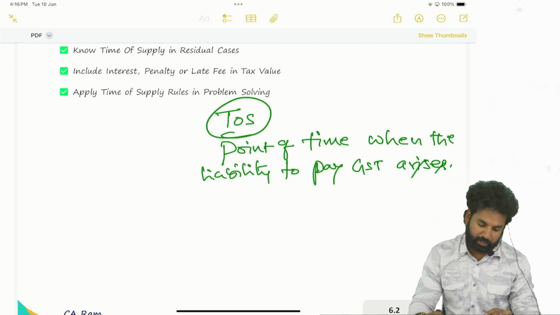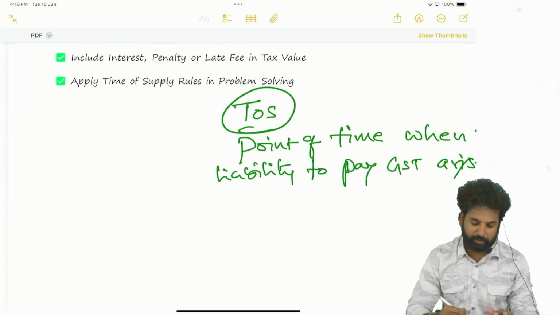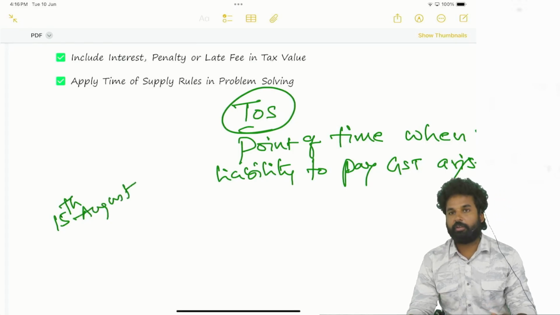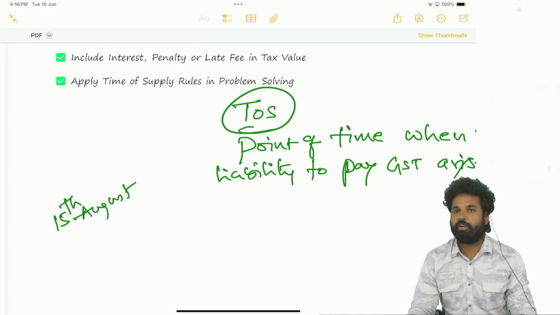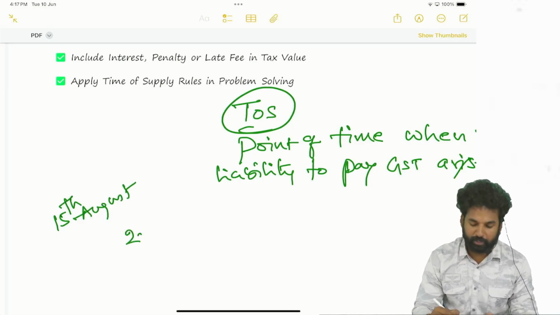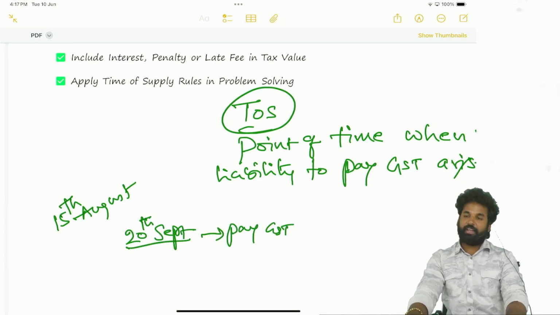If liability to pay GST is created on 15th August, then in the next month, by 20th September, you have to pay GST.